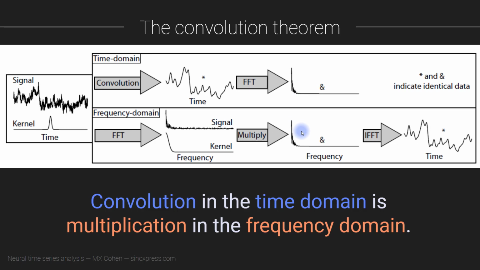Now, why is this so important? You might look at this and think, actually, this involves more steps. Here we have to do FFTs and multiplication and then inverse FFTs, whereas here we only do 2 steps. So isn't this the better way to go? It turns out that this is not the better way to go. And the reason is that the FFT, the first F, is for fast. It's really, really, really fast.